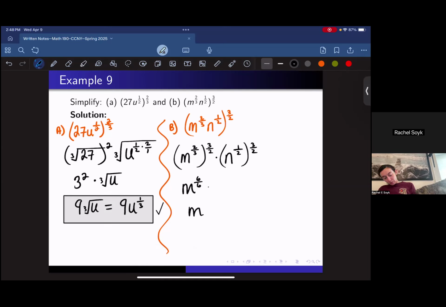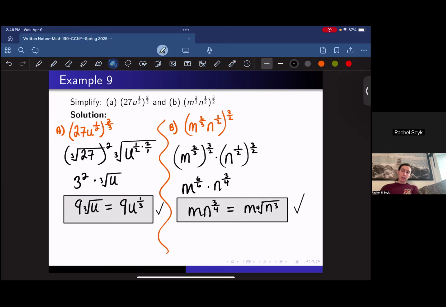And then that second one, multiply the exponents, and we're left with n to the 3 over 4. So we can either keep it as a rational exponent form or radical expression, the fourth root of n to the 3rd. And there we have it.